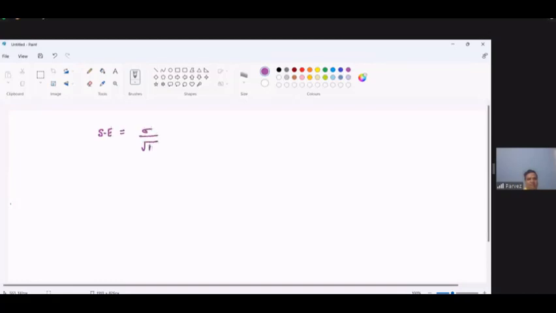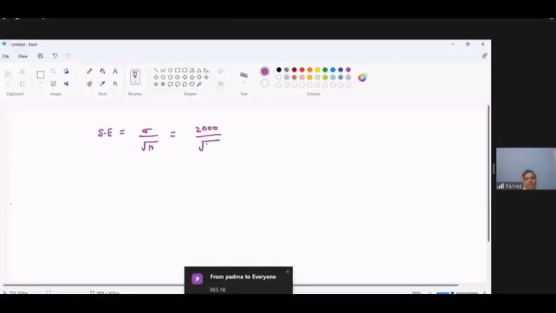Sigma by root n, calculate. So how much did you get for the standard error?